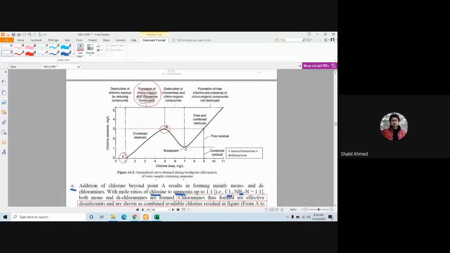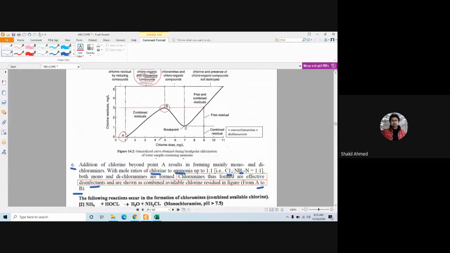By writing chloramine compounds, they are referring to monochloramine and dichloramine. Okay, and other chloroorganic compounds. Fine. Now, beyond point B, what happens?